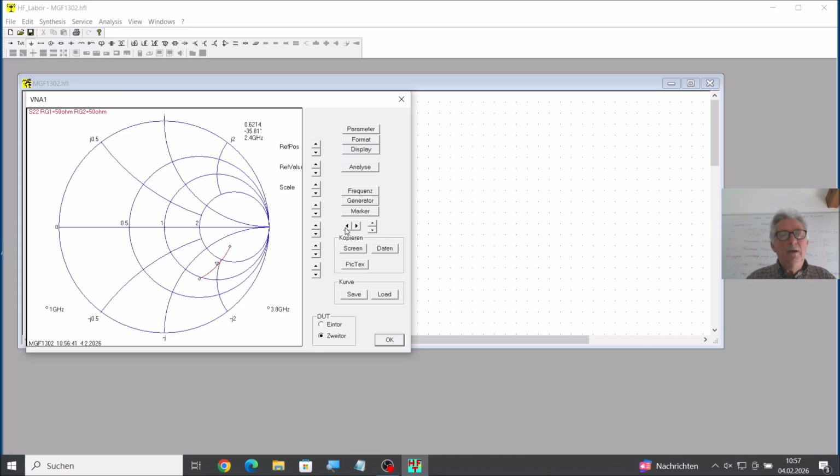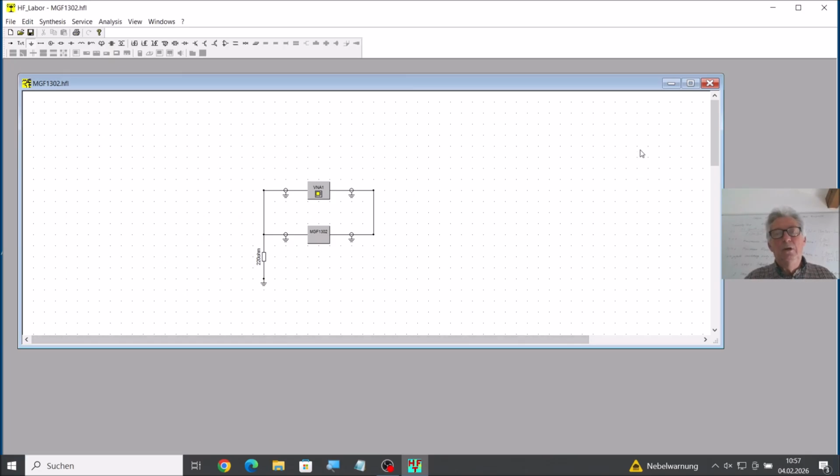And you see at 2.4 gigahertz we will have a reflection coefficient of 0.6214 and an angle of minus 35.81 degrees.